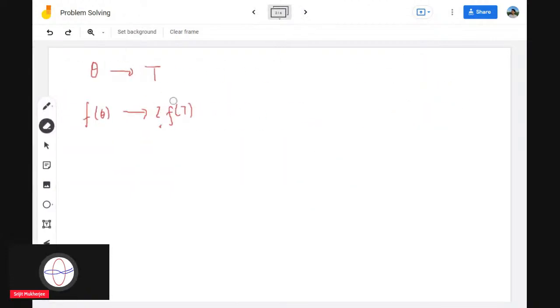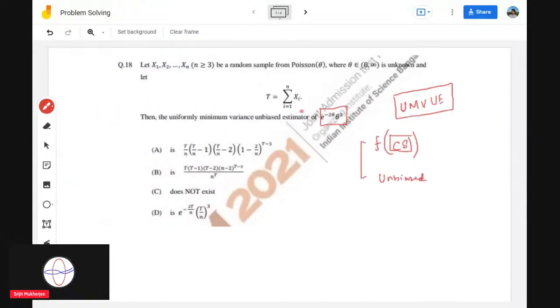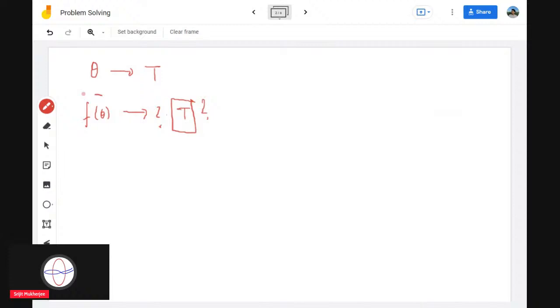What do you think? Is T also complete sufficient for f of theta? If T is complete sufficient for theta, is T also complete sufficient for f of theta? What do you think? This is something you should be telling right now.